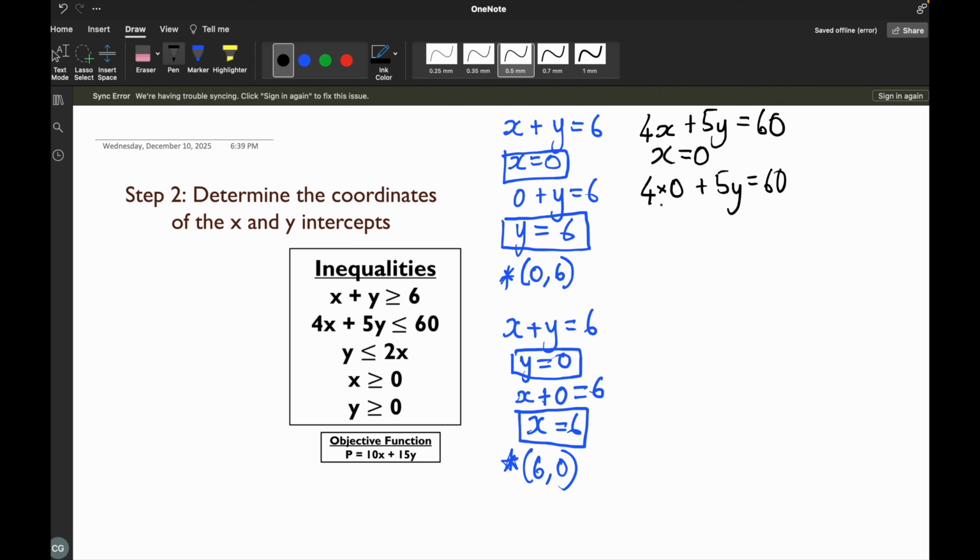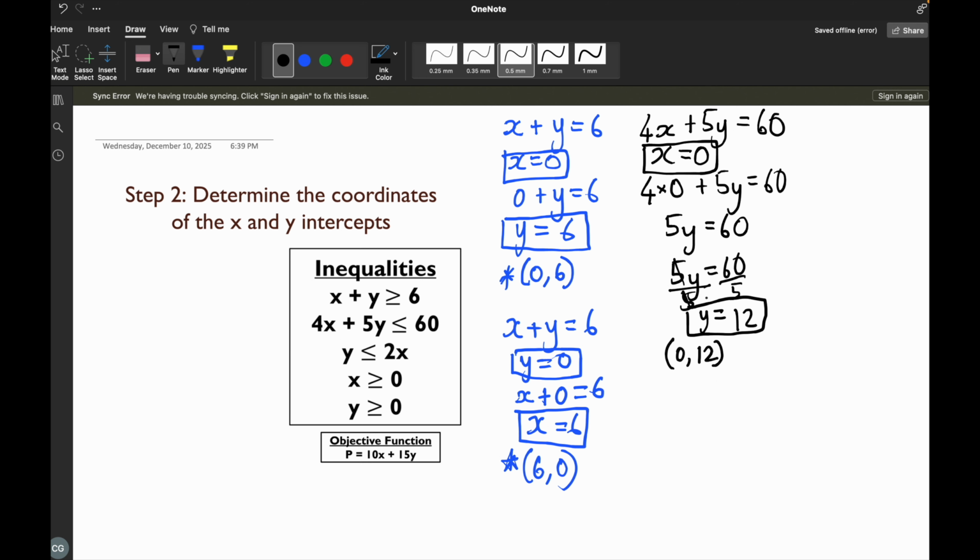Now 4 times 0 is 0, and I'll be left with 5y equals 60. To get y by itself, I have to divide both sides by 5. So 60 divided by 5 gives me 12. Lovely. So when x is equal to 0, y is equal to 12. Therefore my coordinate would be 0, 12.